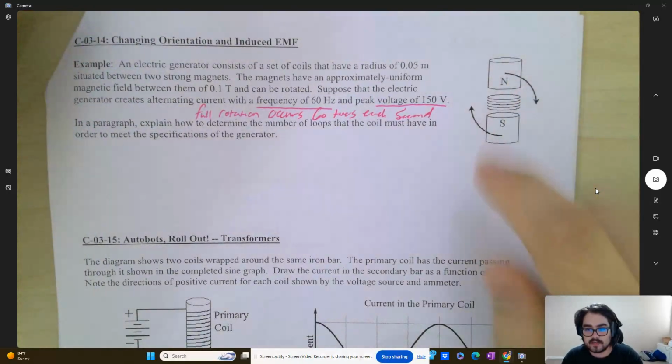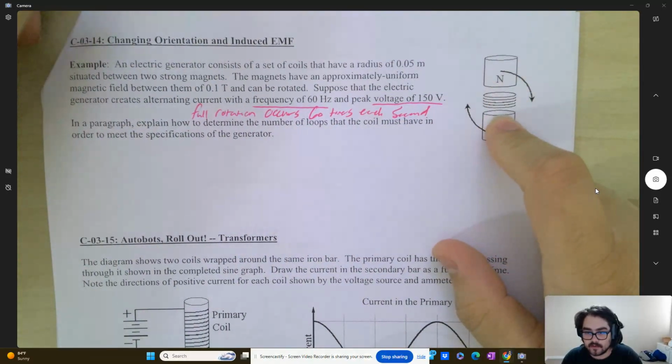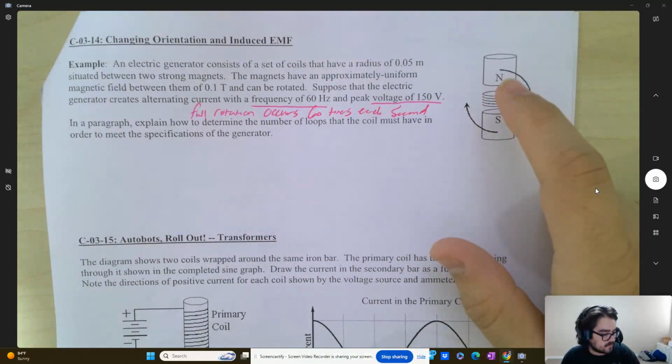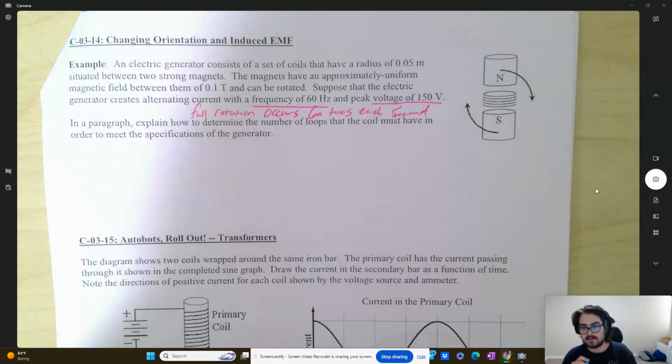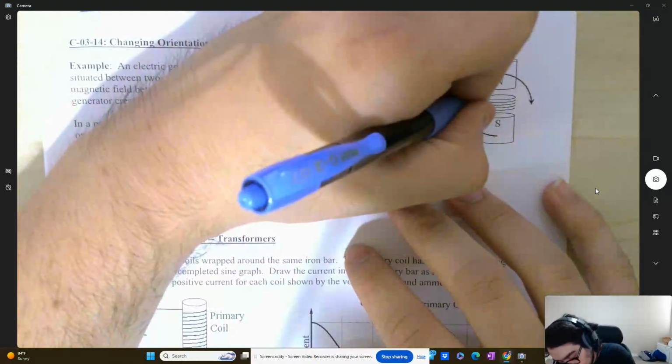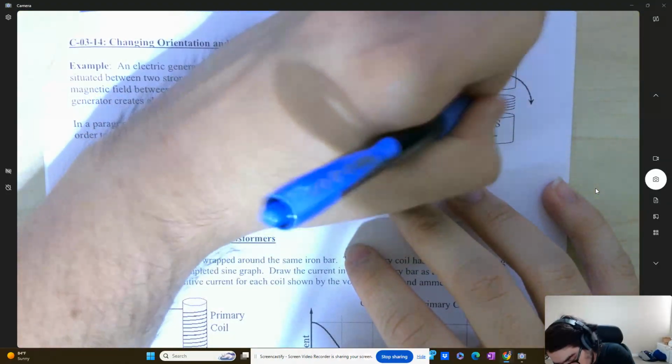Now, one thing that's important to note is that when the magnets are vertical like this, the magnetic field, I'm going to draw it in a light color so I don't mess anything up here, is just going to go straight from one magnet to the next.